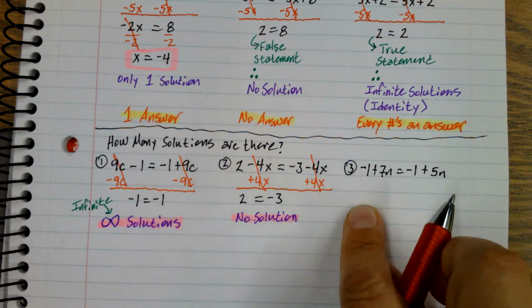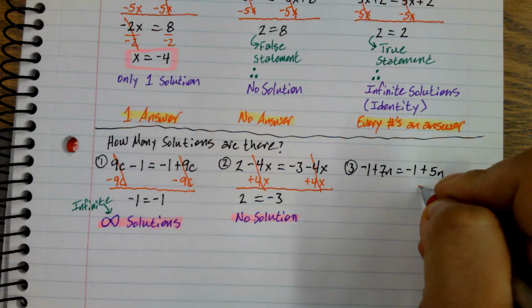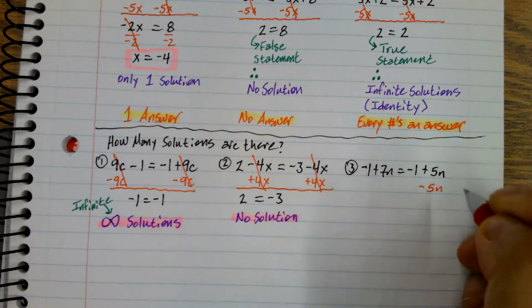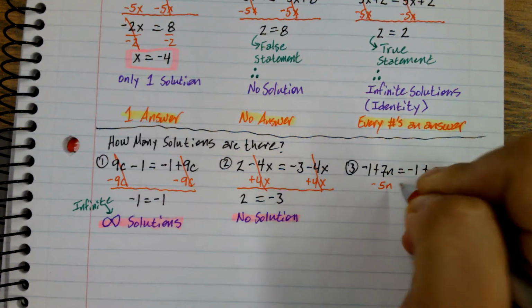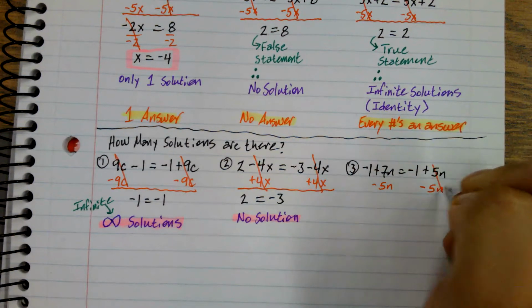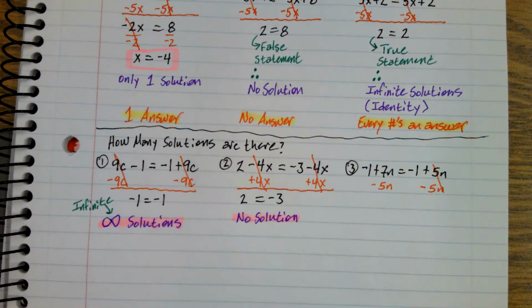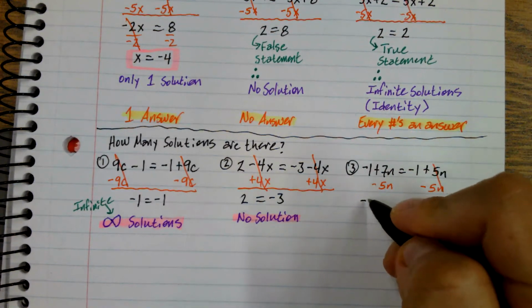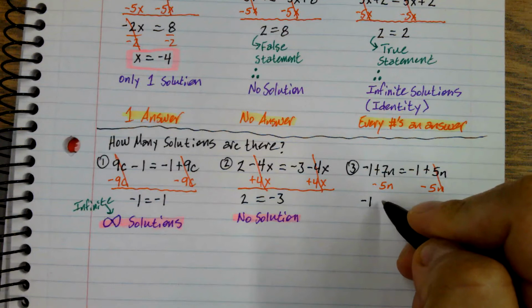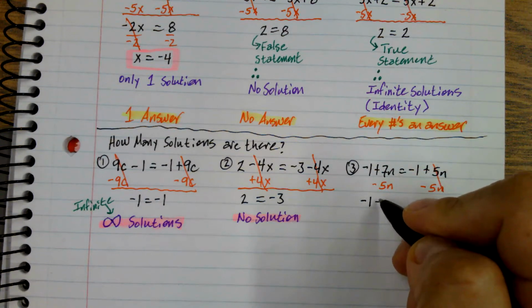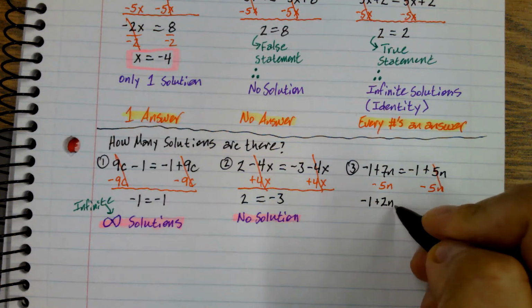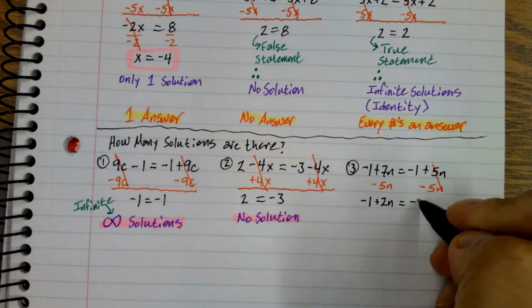I like my variables on the left, so I'm going to subtract 5n. Okay? And I end up with negative 1. 7 minus 5 is 2 equals negative 1.